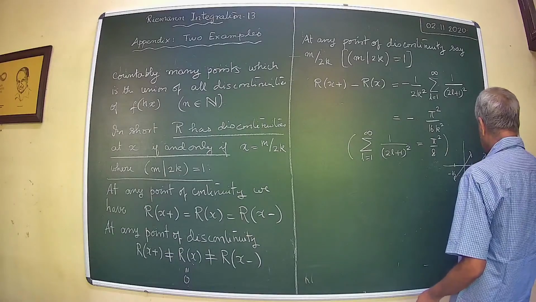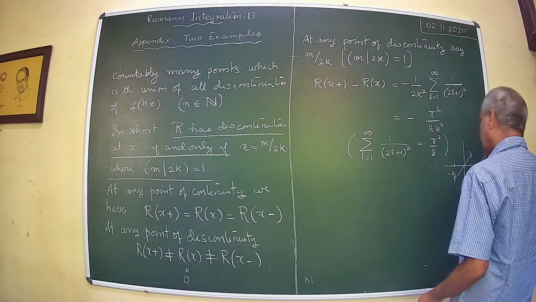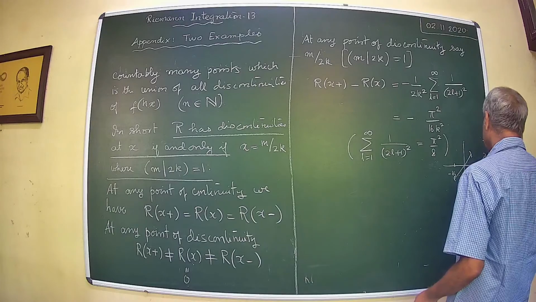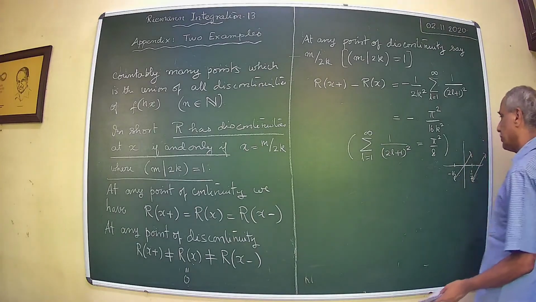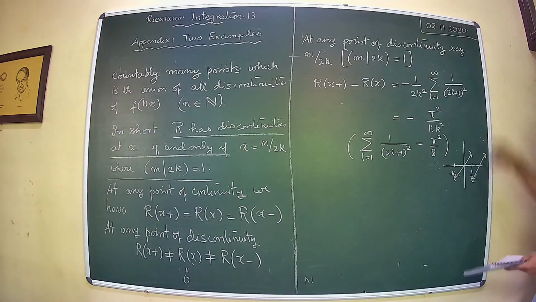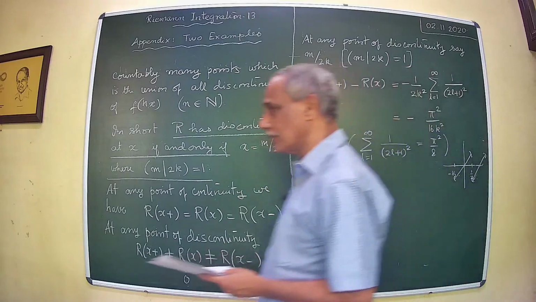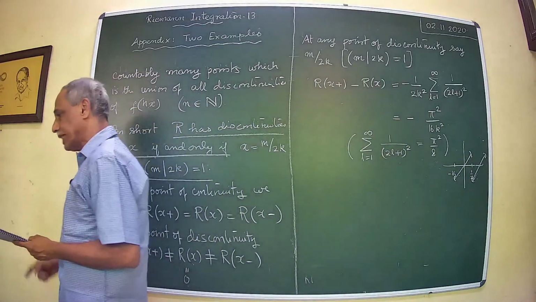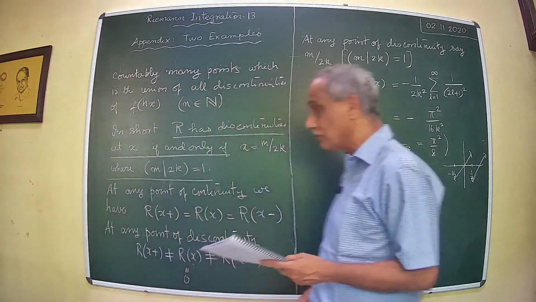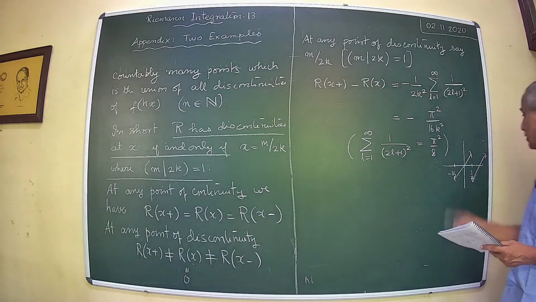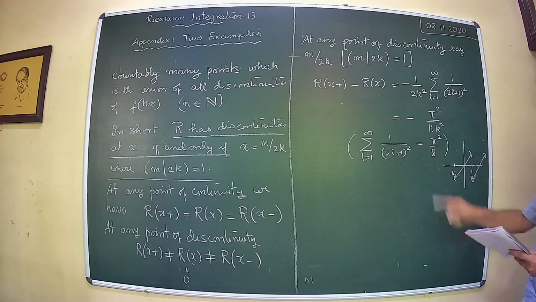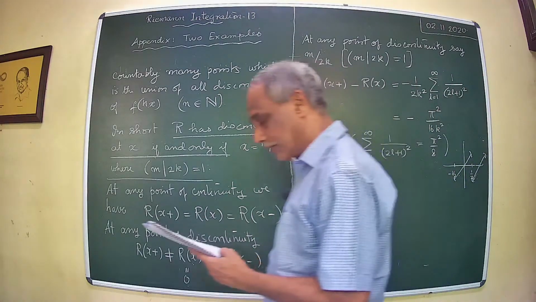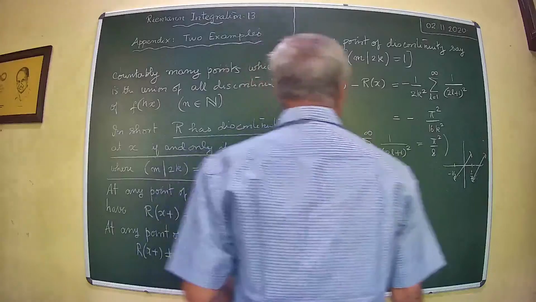The R plus term will have a contribution from here, and R minus will have a contribution from here. In fact, at this point many of the terms may have discontinuities, so they all add up. That's what you have to find out: which terms will contribute to the jump discontinuity at this point. And that you will get if you write down the series properly.